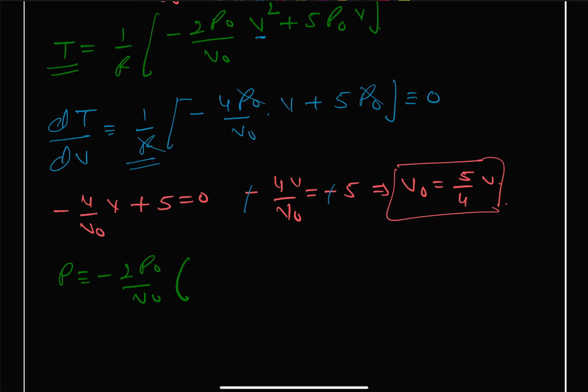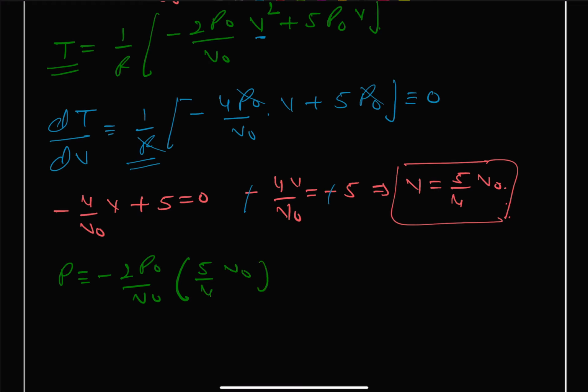We have to find out V, not V naught. So we can say our V is equal to 5 by 4 times V naught, and we substitute the value of our V in the equation. So this comes as 5 by 4 times V naught and plus 5 times P naught.